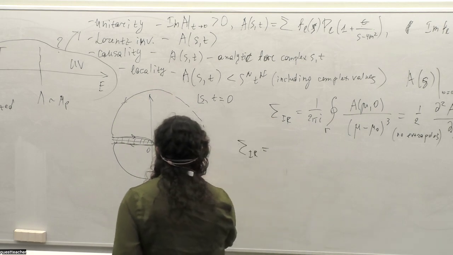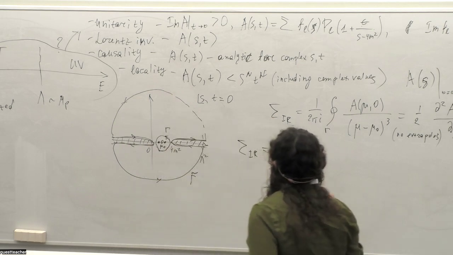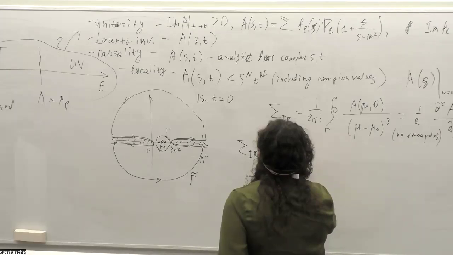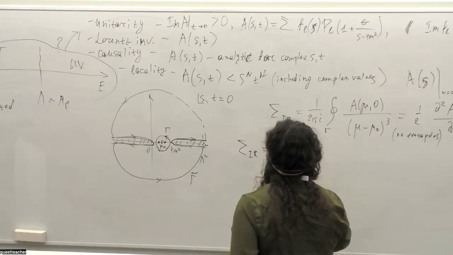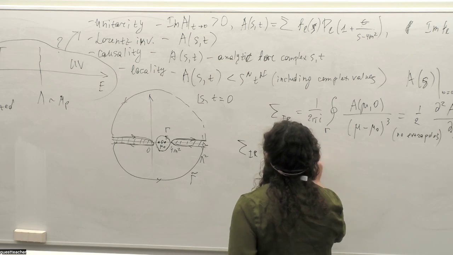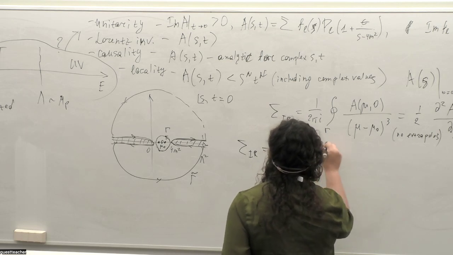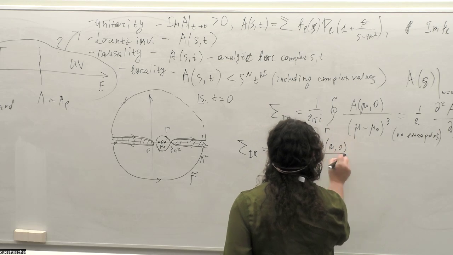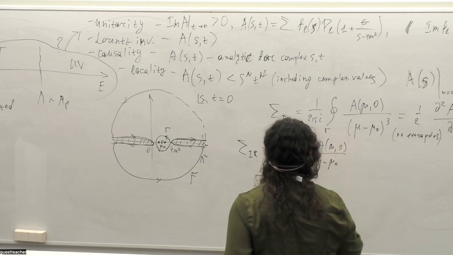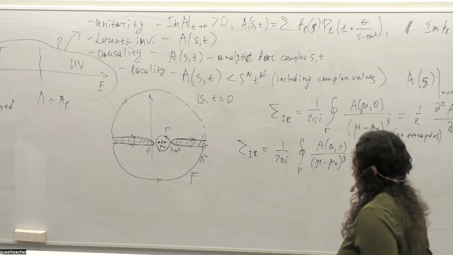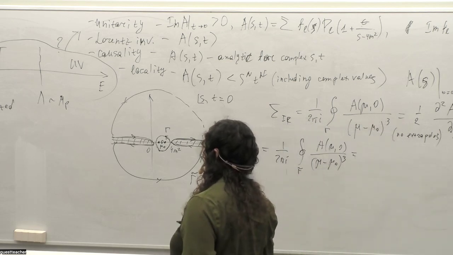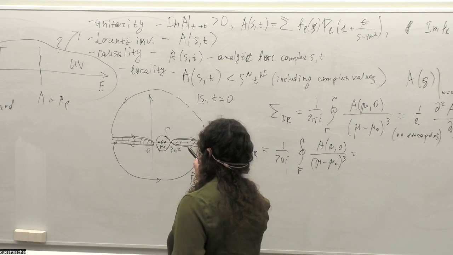I can compute it like, let's put gamma tilde. So it will be the same 1 over 2 pi i integral over gamma tilde now of the same amplitude. Then I can split it into two separate integrals.